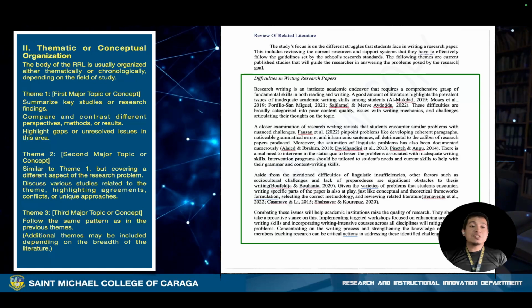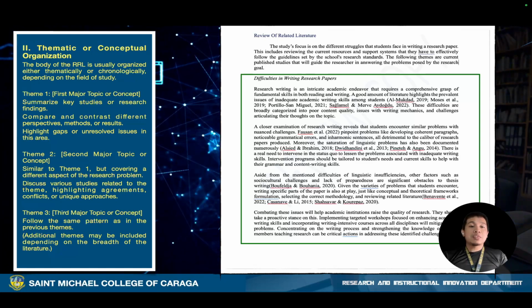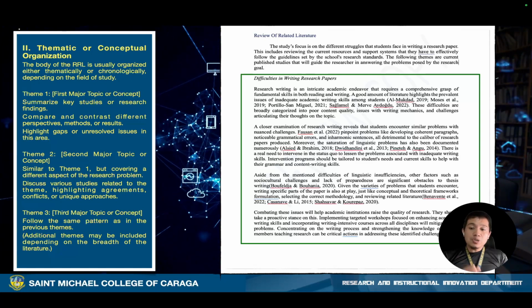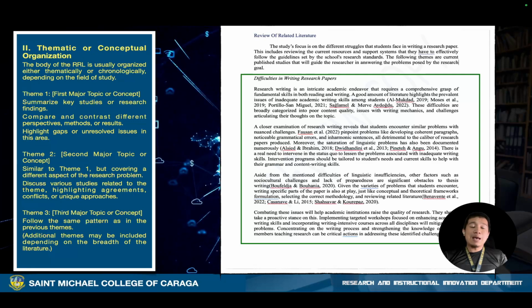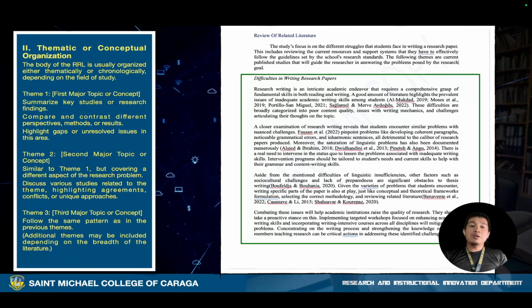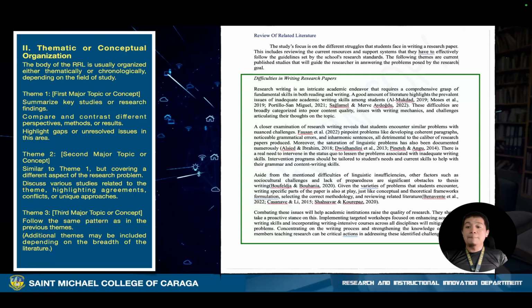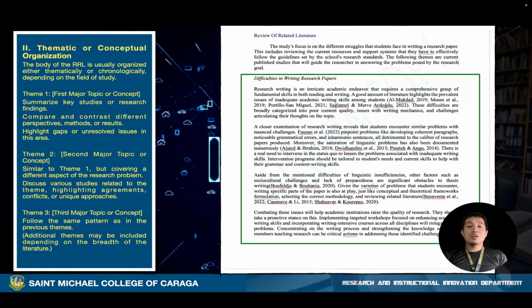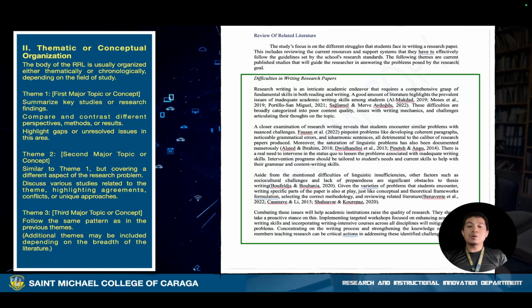Compare and contrast different perspectives, methods, and results, and make sure to highlight the gaps and at the same time the unresolved issues in this area. On the second theme, you can also do the same, and also on the third theme.